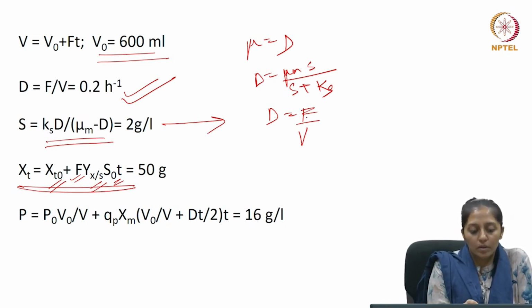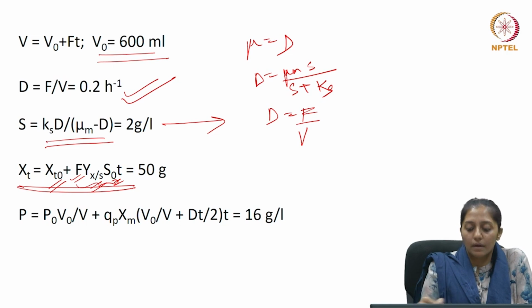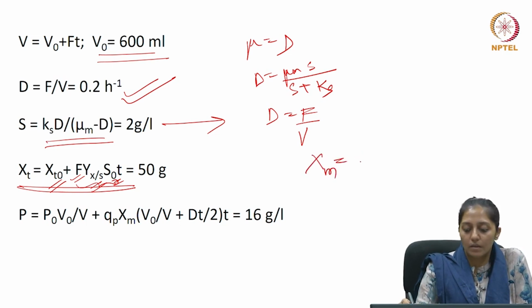So, this is the maximum biomass concentration, which is given as Yx by S, S naught.